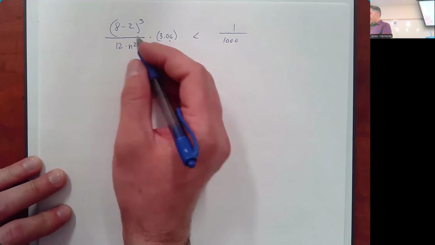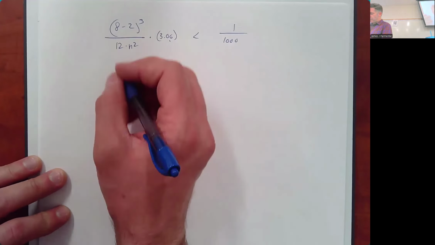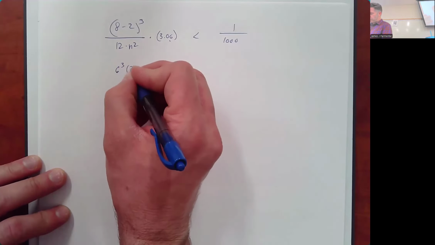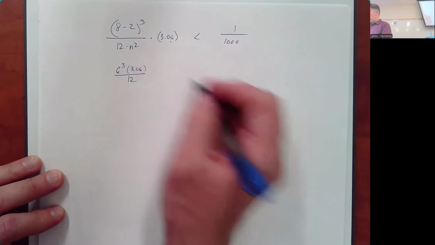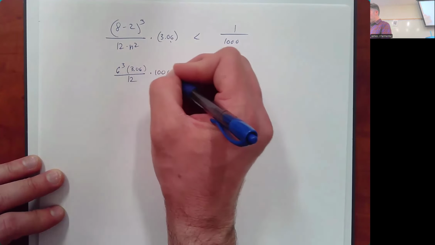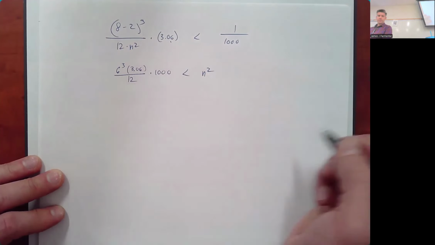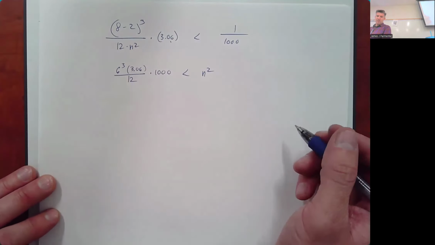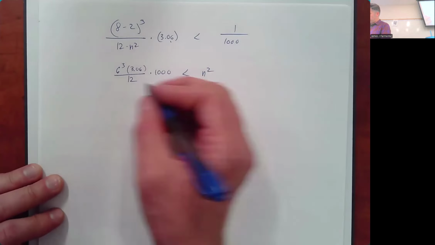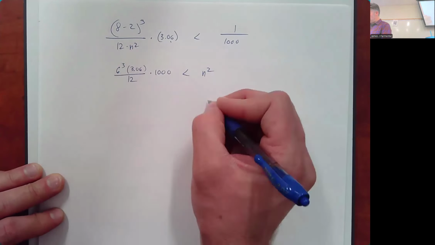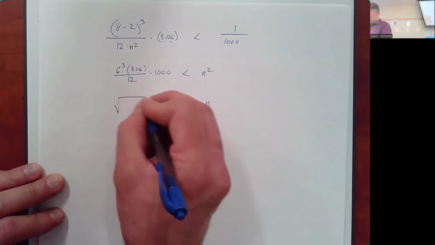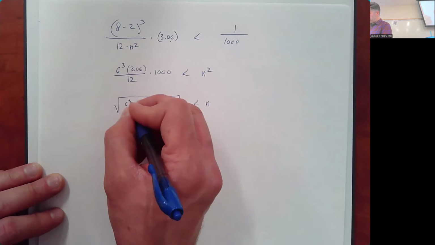So then we're going to solve for n, same sort of deal. I have 6 cubed times 3.06 divided by 12 on the left. I'm going to multiply by 1,000 on both sides. I'm going to multiply by n squared on both sides. So then we get that n needs to be bigger than the square root of all of this.